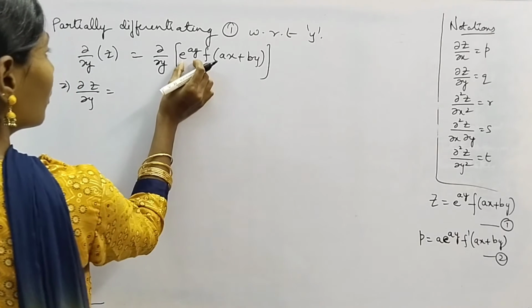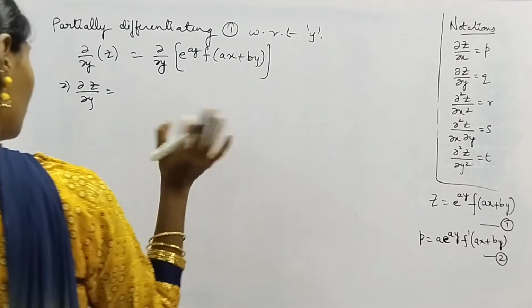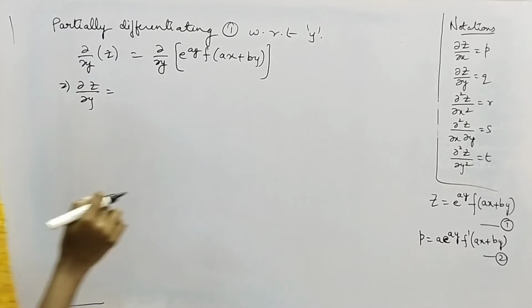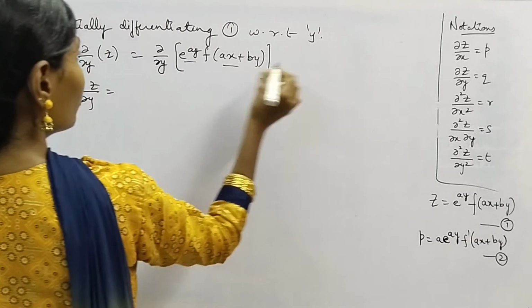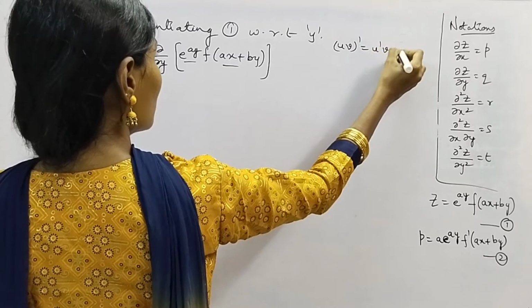And here you have e power ay, which is in y, and this is also a function of y, which involves y, okay? So we'll apply the uv whole dash formula, which is u dash v plus v dash u.